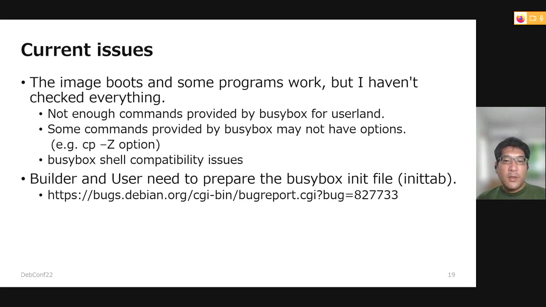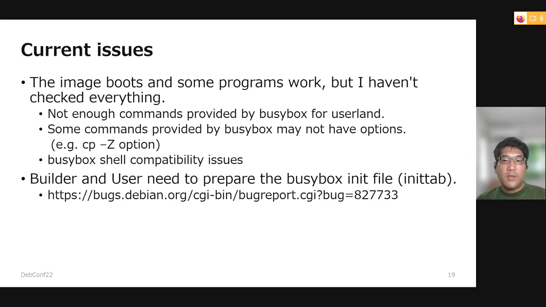Current issues. So far, we have seen that we can create a busybox-based image, but we know there are some issues. We have only done a minimum of checking, and we have not checked the behavior of all used packages. Therefore, some packages may not install and configure.